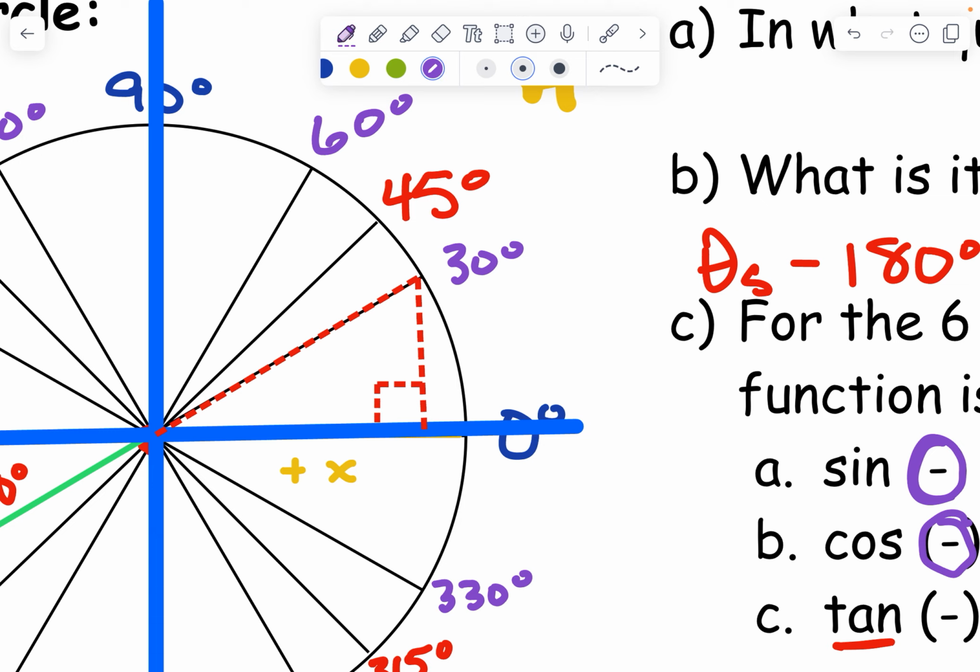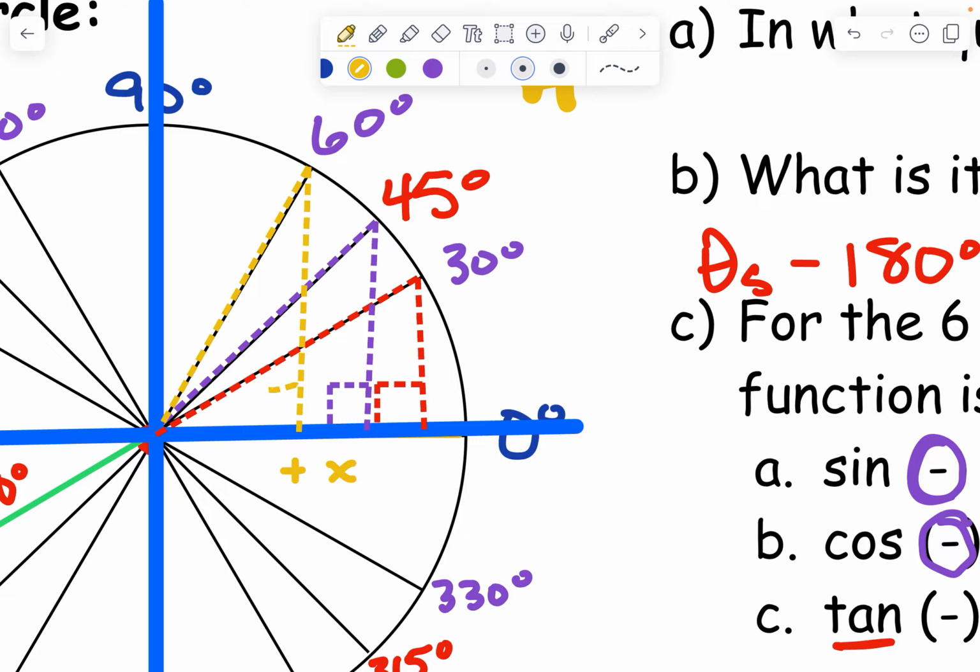We've also got 45, 45, 90, and then we've got 60, 30, 90.